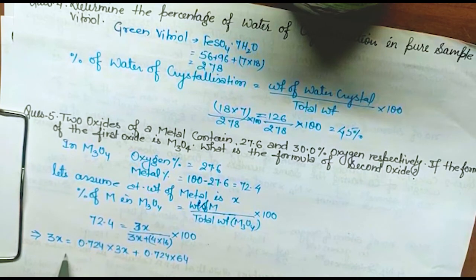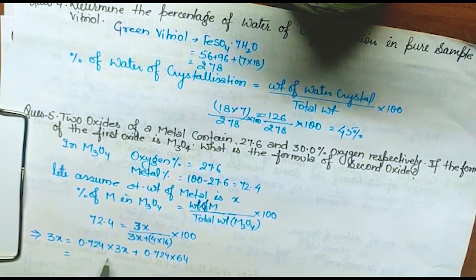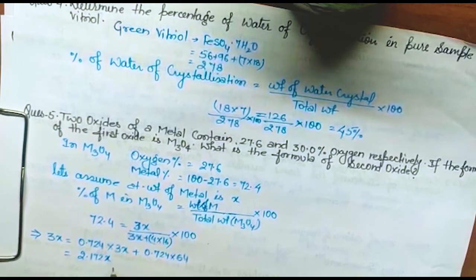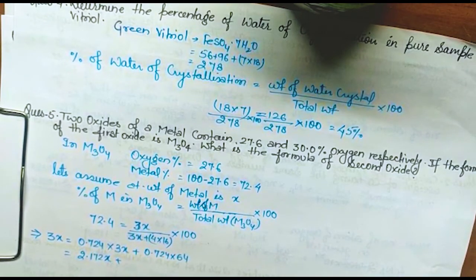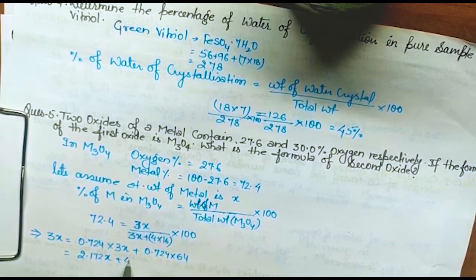Okay, so now solve this. Let it be, we'll do it after multiplying. It will be 3 times 0.724, that is 2.172x, and plus if you multiply this, it comes 46.336.